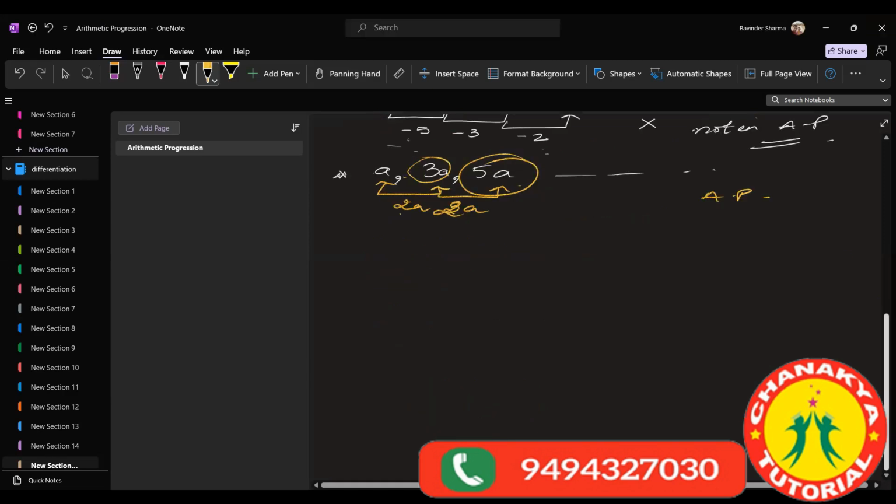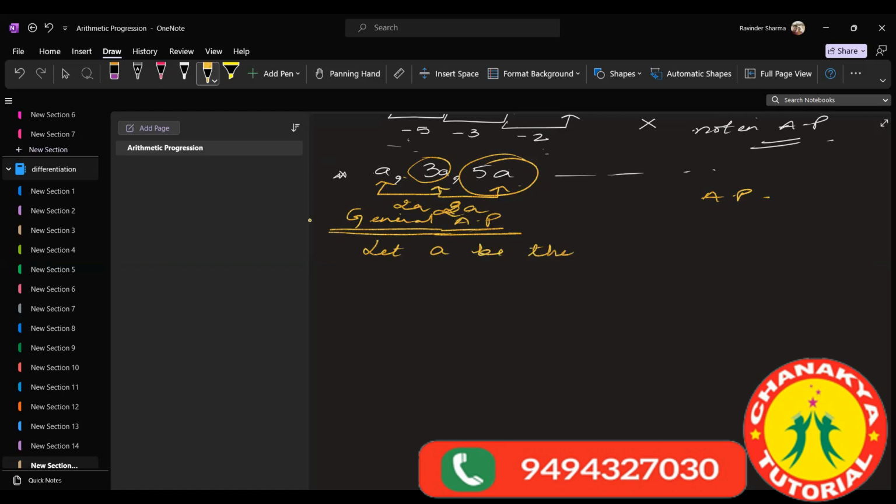Now suppose you are given an AP. Moksha, tell me what is your general AP? Let A be the first term and D be the common difference.